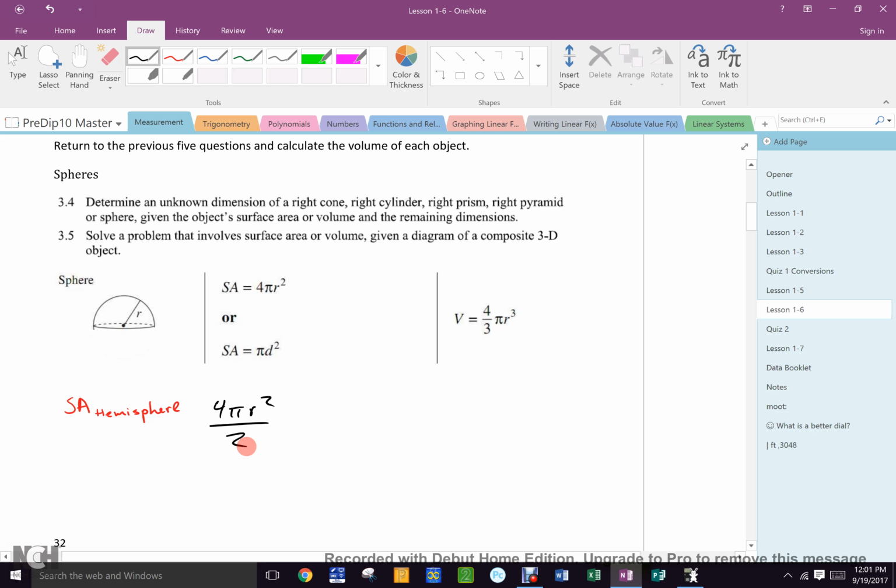No, of course not. Because you have to add the circle that you created. So it is 2 pi r squared plus, what's the circle? Pi r squared, so what's the answer? 3 pi r squared is the surface area of a hemisphere.